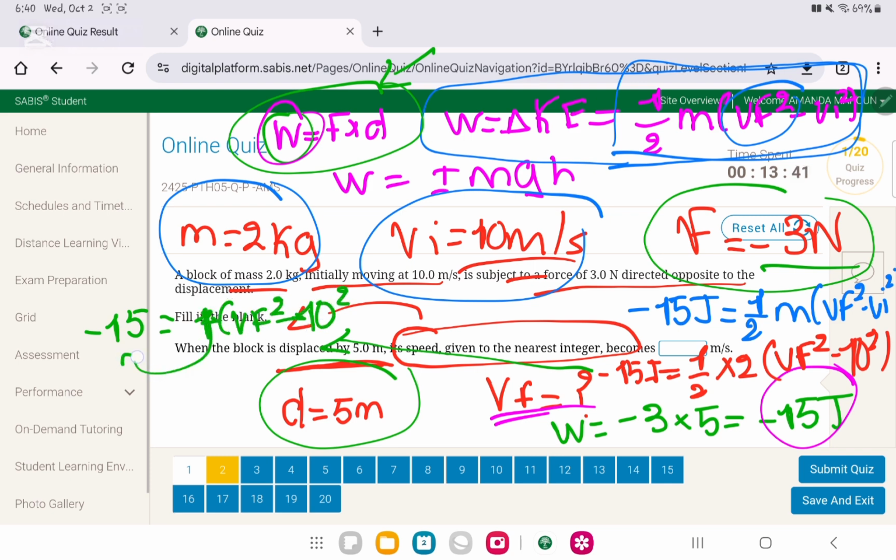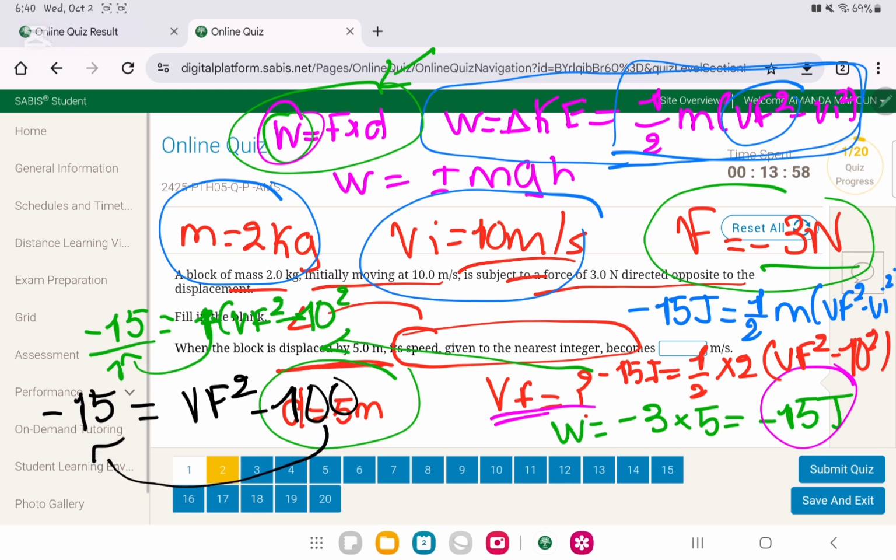The 1, you bring it over here, it becomes divided by 1. So minus 15 divided by 1 stays minus 15. So now we have minus 15 is equal to v final squared minus 10 squared, which is 100. So we're going to move minus 100 to the other side.